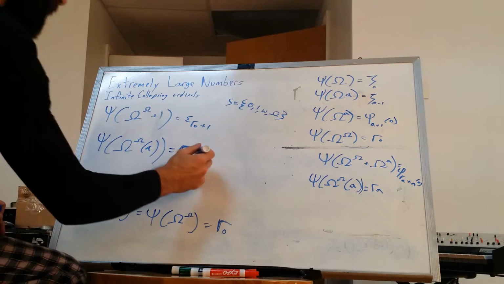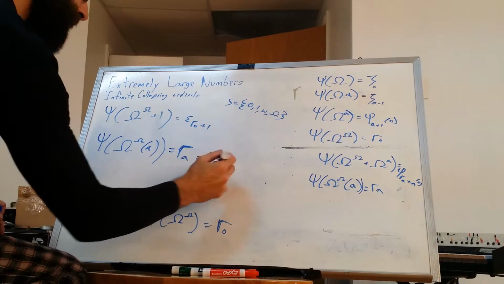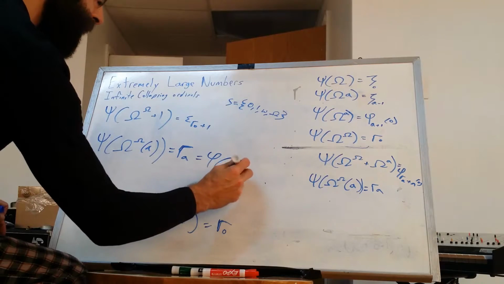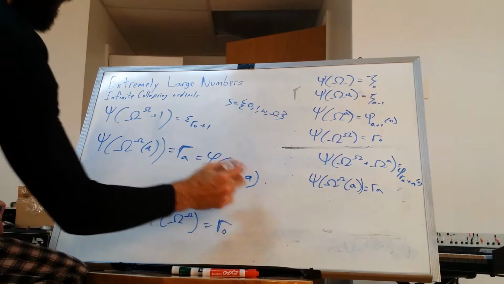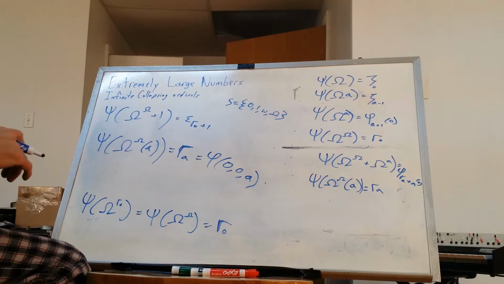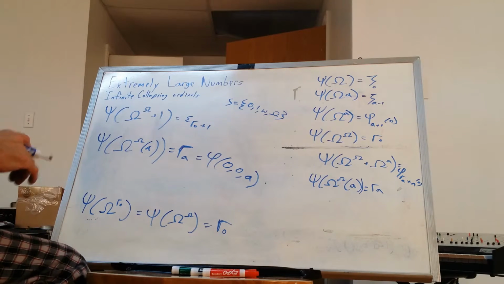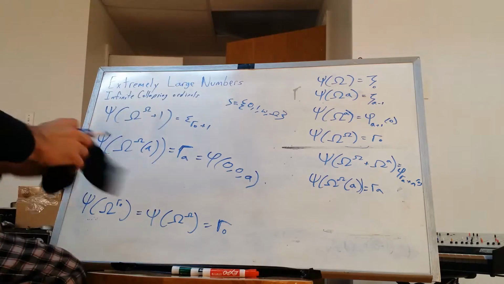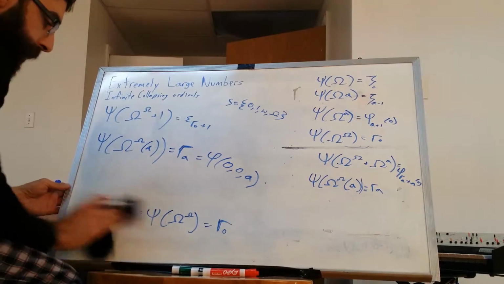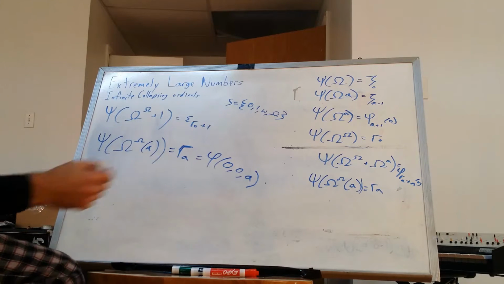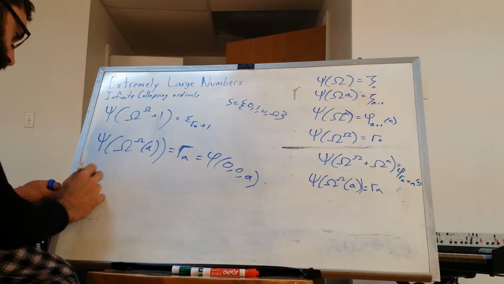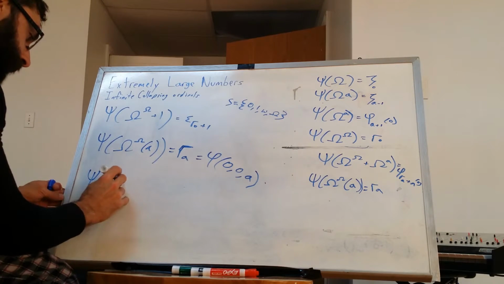Which is also, as we know, we can write down in extended Veblen notation, a Veblen notation of 3 arguments with an a right here. That's just another way of writing that. And this is where we start to get past things that we've done before. So to get to the Ackermann ordinal, or the ordinal that's the limit of the gammas, we can do psi gamma to the gamma squared.